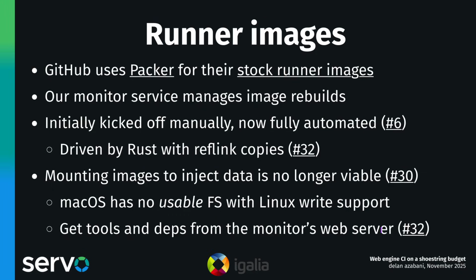There's NTFS, which we thought would be our savior, but when we tried to use it, we ran into all sorts of weird build failures, which we believe are due to some kind of file system syncing race condition or something like that. So NTFS was unusable as well. In the end, what we had to do is if a guest image needed any tools or dependencies, it had to download them from a web server on the host.